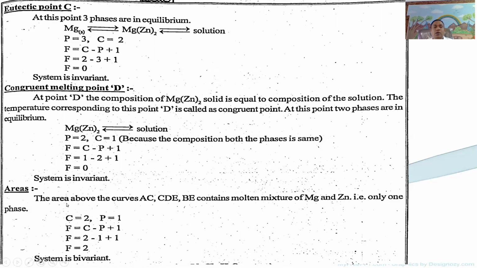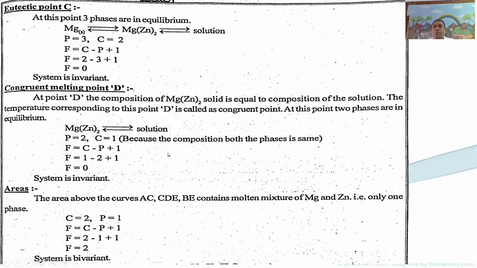Areas. The area above the curves AC, CDE, BE contains molten mixture of magnesium and zinc. That is, only one phase is present. The number of degrees of freedom required to explain the areas based on the reduced phase rule is F equal to C minus P plus 1, F equal to 2 minus 1 plus 1, F equal to 2.